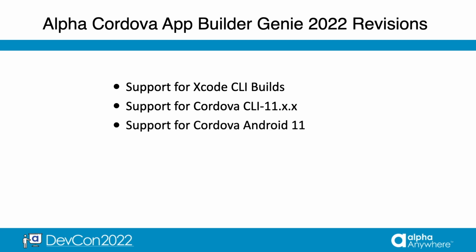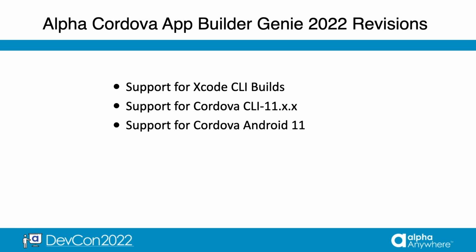And when you see the next added support for Cordova Android 11, well, that is actually not part of any major release of the Cordova CLI. So we added support. This is fairly recent, the support for Cordova Android 11. And what we'll do is if you indicate that you want to build with Cordova Android 11, we just include it.